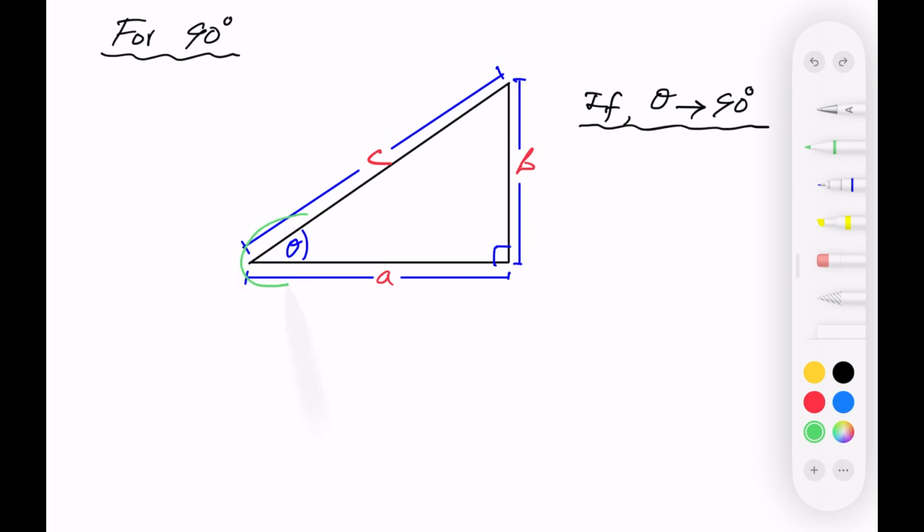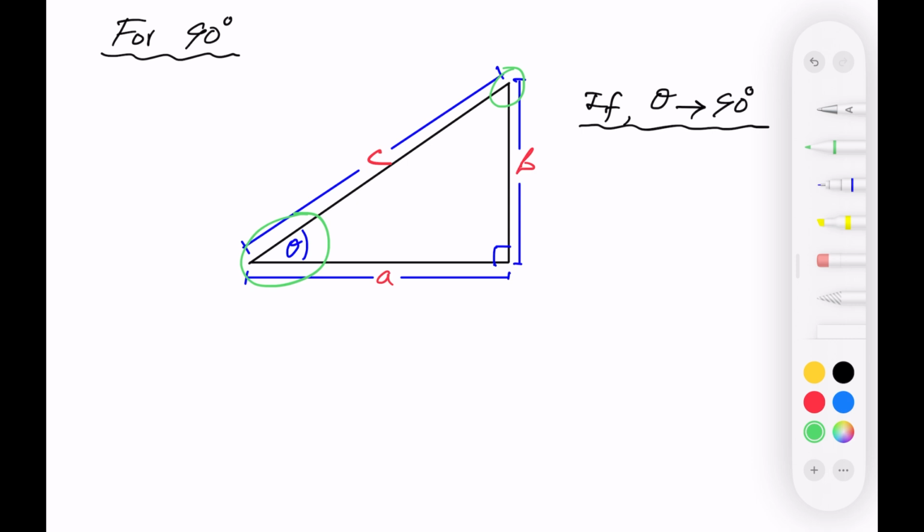However, as theta increases, the point of intersection right here will go further and further away. That means technically B and C will be really large. Think about a case like theta being equal to 89.99 degrees.